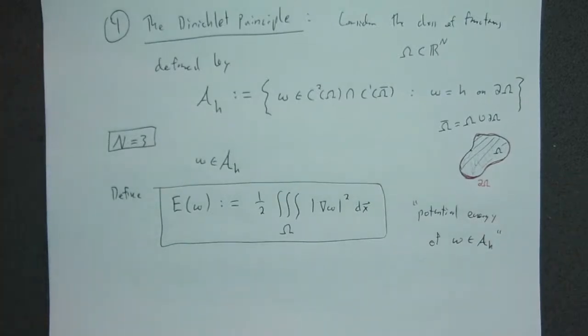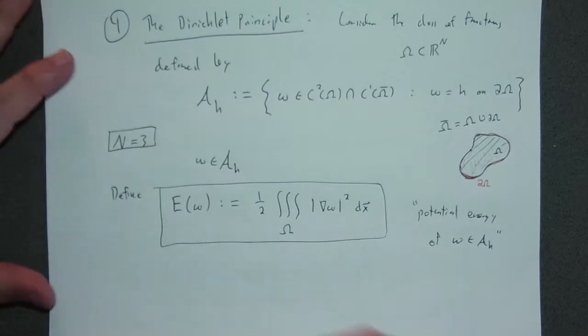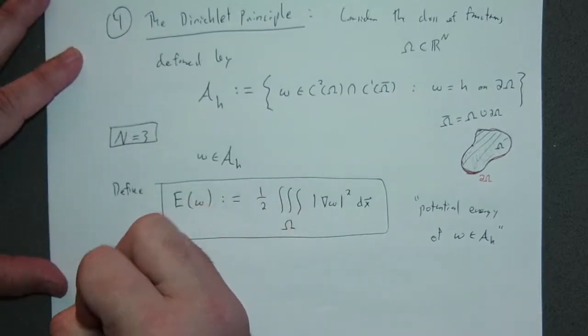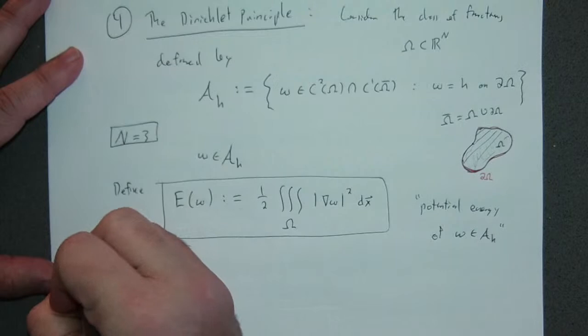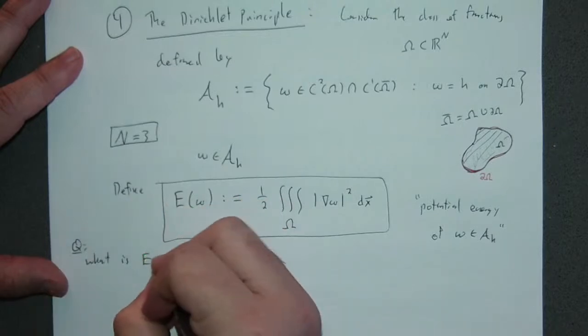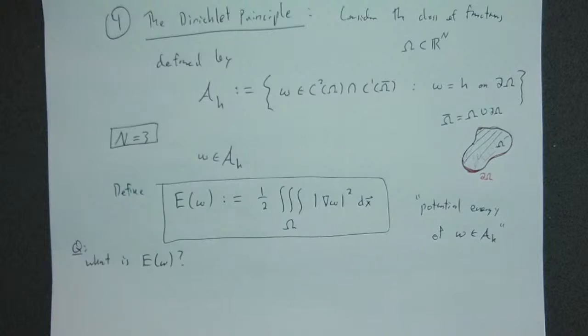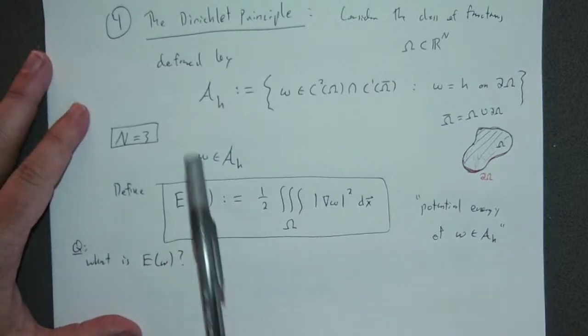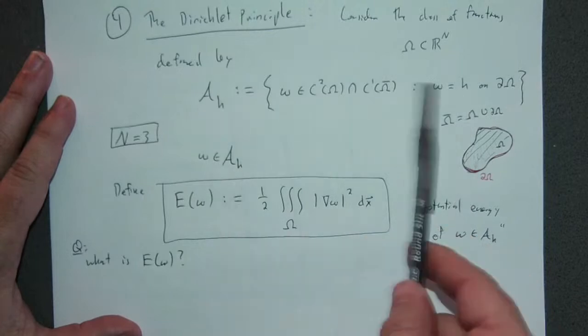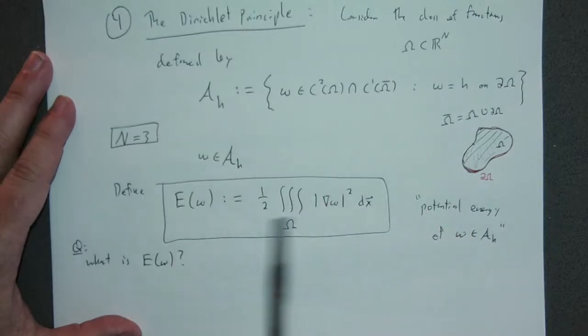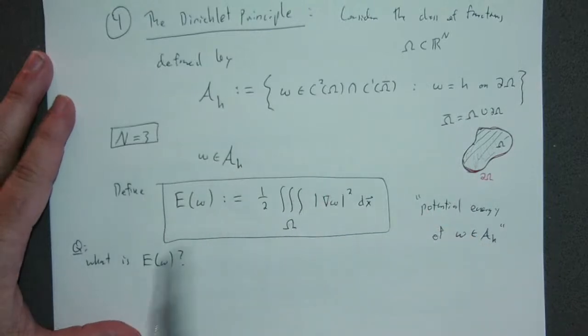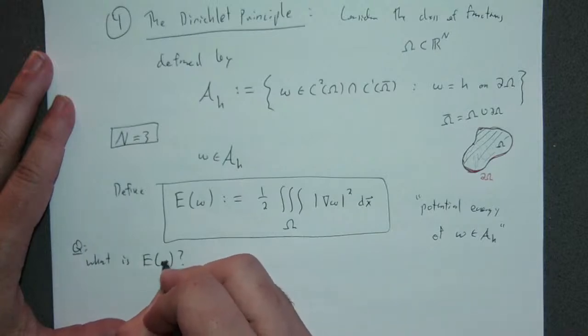Now notice, what kind of thing is this? Well, you might say E of W, if I've picked a W that belongs to this set of functions, is just going to be a real number. That's not what I mean. So maybe we'll replace this W with just a blank here.